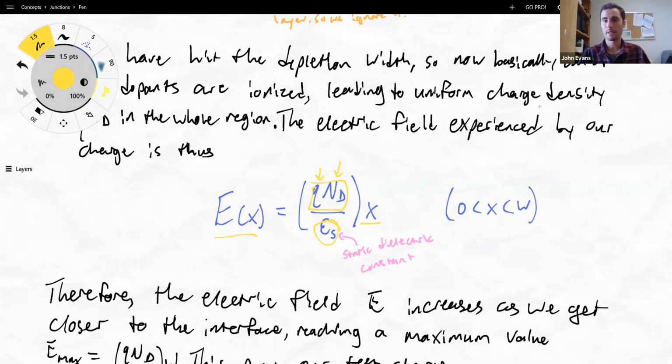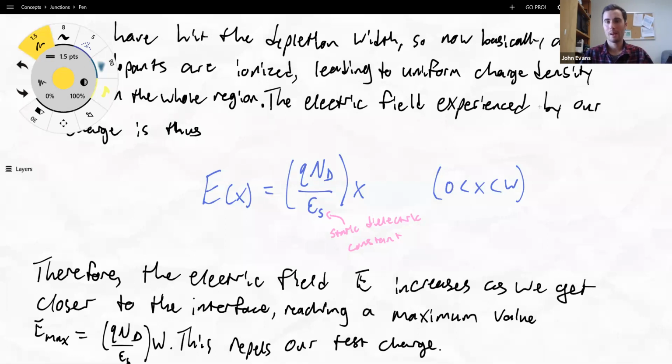And we are going to say that this is within this region that we're going to call W. Note that 0 is here and W is here, right? So inside this region, the electric field is given by this equation. And let's just play around with this equation for a second.